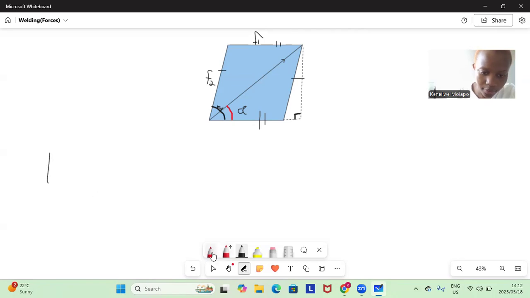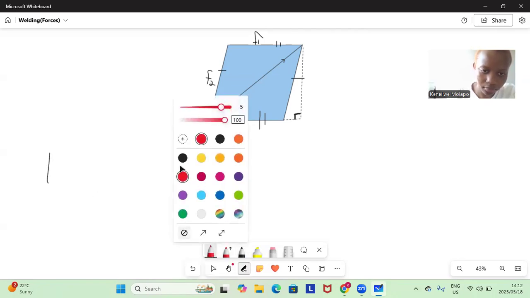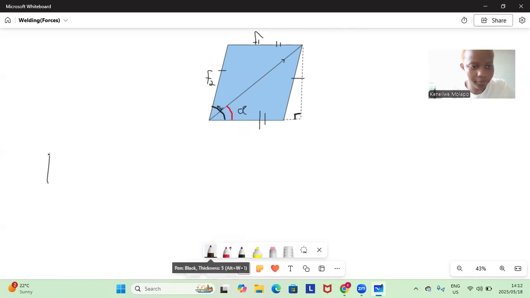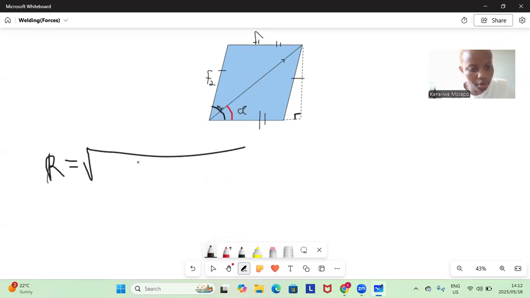I think this one you cannot see very well. So the formula for a resultant is R equals the square root of, sorry, here is your R, here on top, not here.